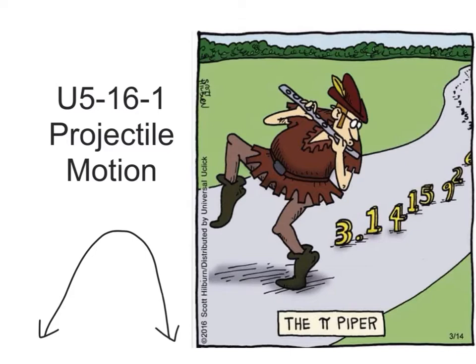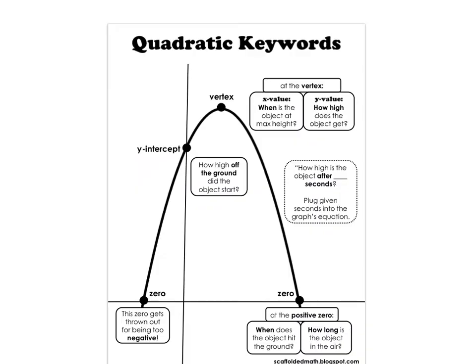Okay, so first we're going to take a look at the graphic that you have on your notes sheet. So this is the quadratic keywords. These are all the keywords we're going to be using for the word problems. And the ones that we want to focus on are the y-intercept, the vertex, and the positive zero.